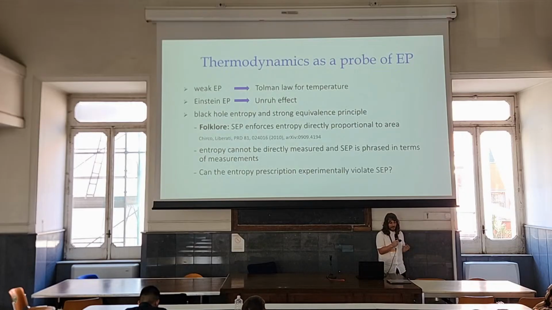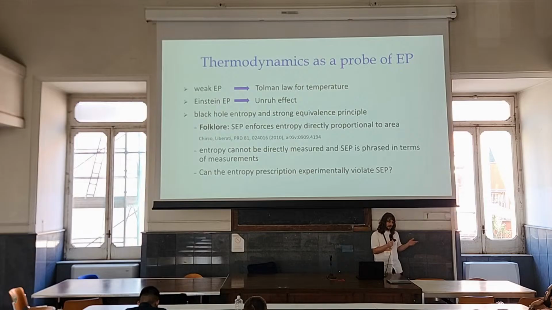And there is a precedent for considering the relation between thermodynamics and equivalence principles. First of all, the weak equivalence principle, which basically states that particles on which no other force but gravity acts move along geodesics. This one gives you the geodesic structure for the space-time, and as a consequence, it implies, for example, the Tolman law for the scaling of temperature in an equilibrium system in a gravitational field.